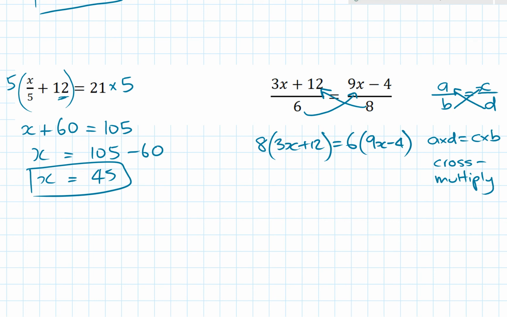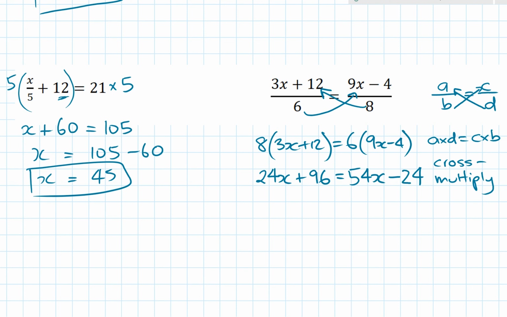So 8 times 3x gives me 24x, plus 8 times 12 is, what's that, 96. Then we've got 6 times 9x, gives me 54x, and then minus 6 times 4, which is 24.